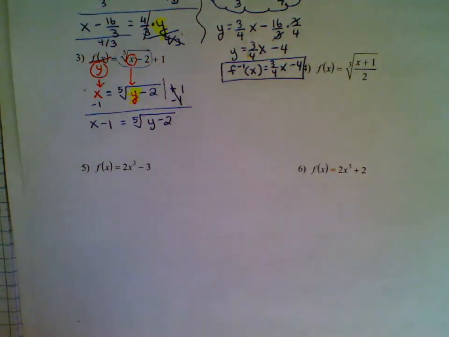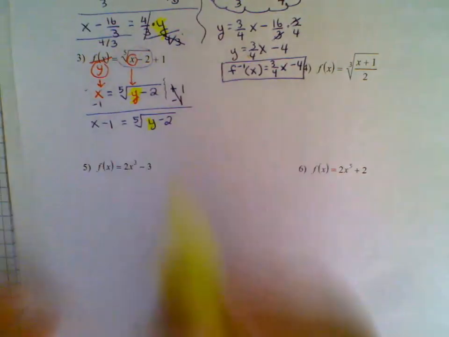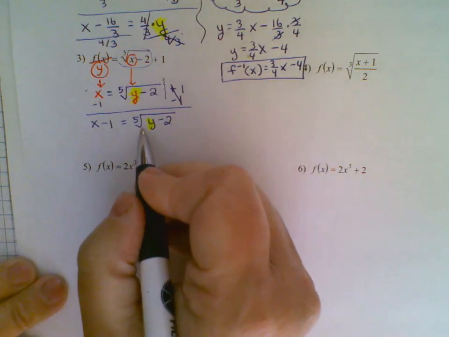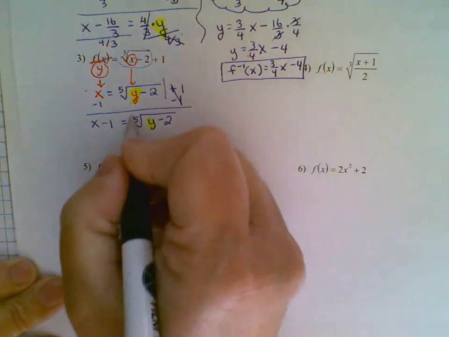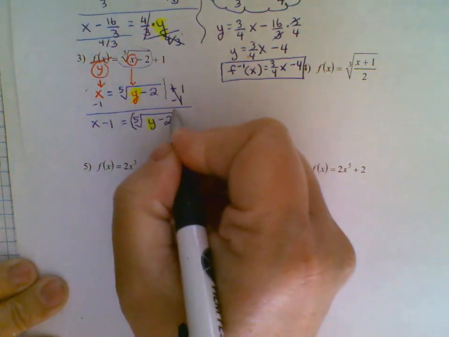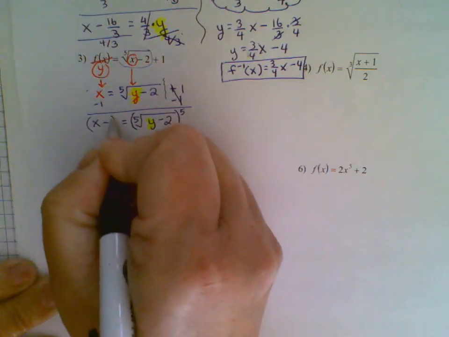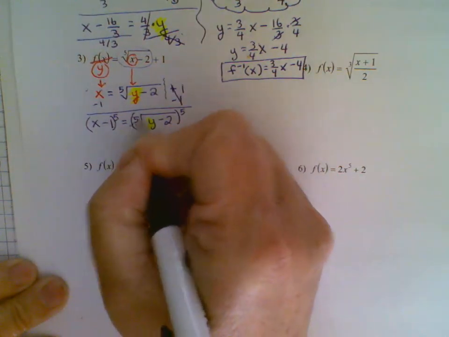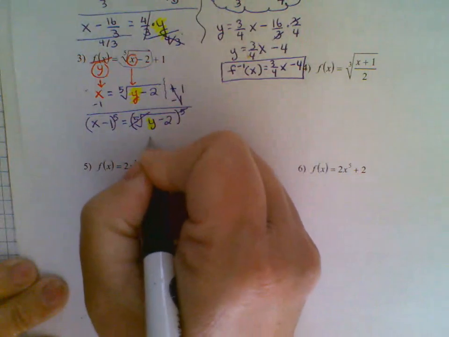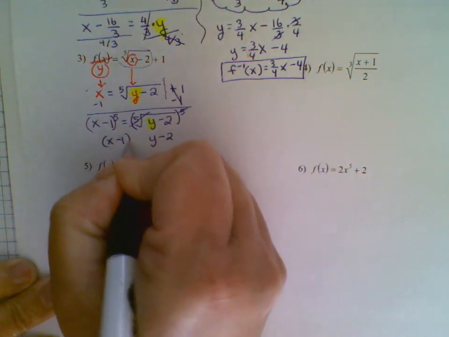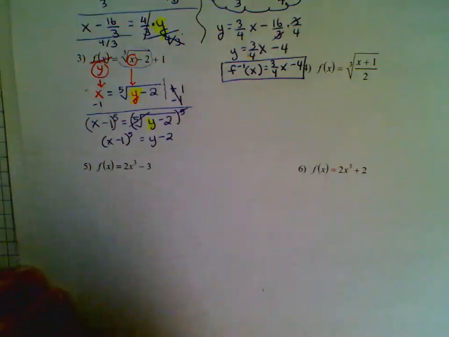Still trying to get y by itself, but before I can do anything about that minus 2, I have to get rid of the radical. So we should know by now, to get rid of radicals, you have to raise things to that power. And of course I have to do it on both sides. So that cancels out, and I have y minus 2 equals x minus 1 to the fifth power.